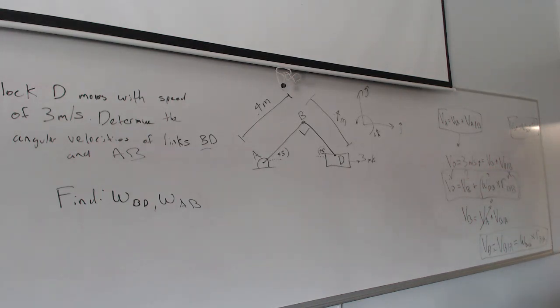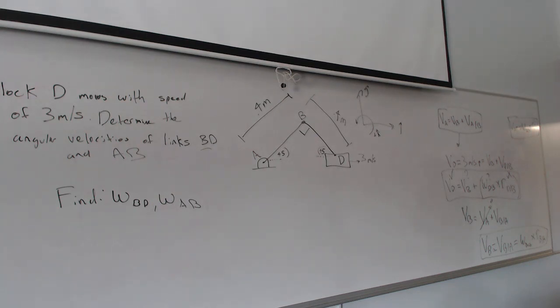At this point, both of the variables that we're solving for have shown up in the equations that I've derived. This is usually a good sign that you're on the right track, because with the base equations that I had, starting from here to go to here, the variables that I'm trying to solve for weren't in the equations.